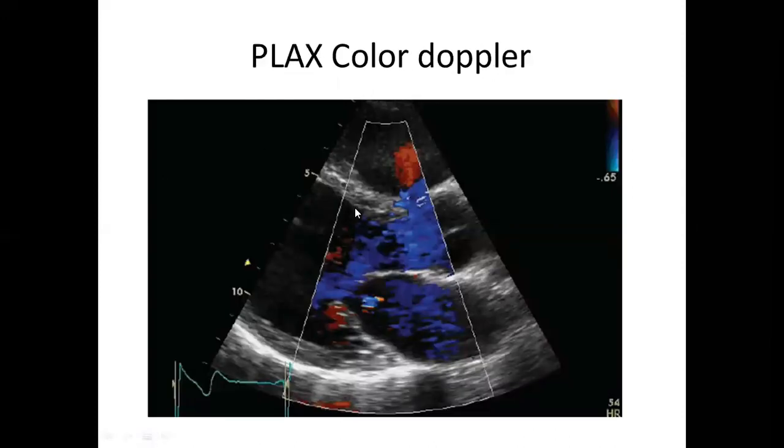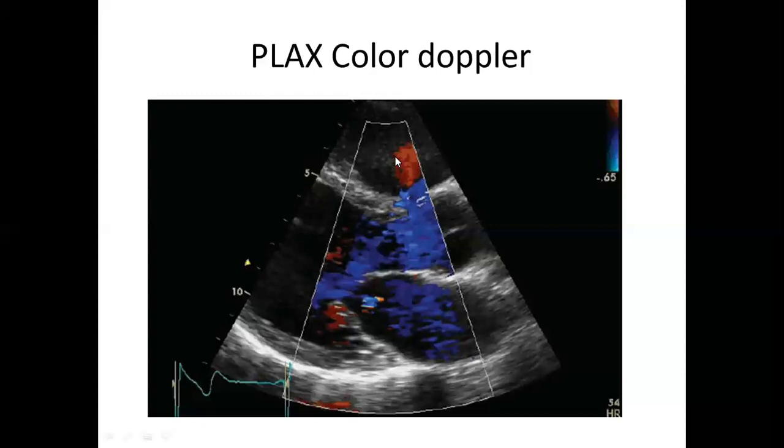So here is again our favorite long axis parasternal view, and you can see this type of bluish color and reddish color. So don't miss that here we have the left ventricle, I mean the right ventricle, and in the right ventricle we are having what type of blood? It is venous blood.